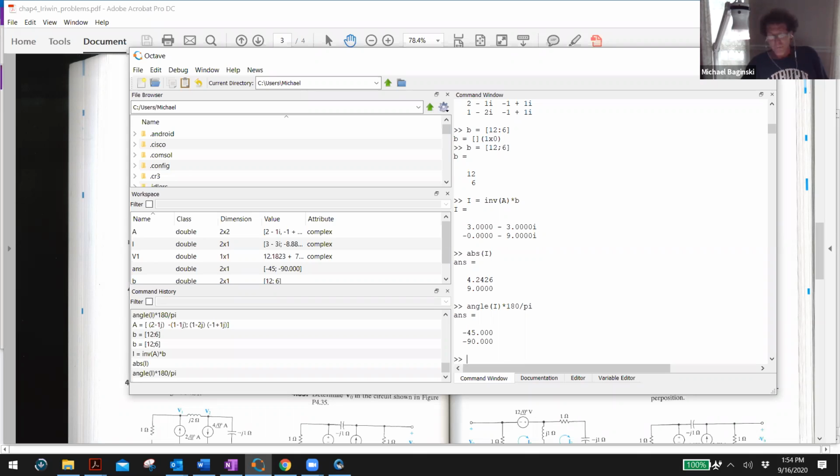By the way, for this one, 4.38, does this answer agree with what the book has or what the solutions manual has? I don't have it open. Can anybody check? Well, that's the way you do it. Let me ask you this.